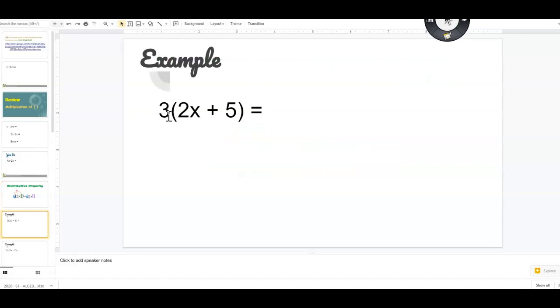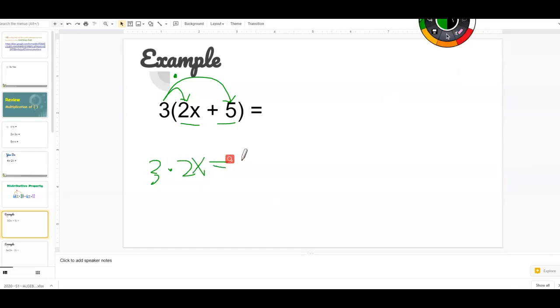Okay. So here you have 3 times the parentheses. And inside of the parentheses, you have 2 terms. So you're going to use 3 times each of them, one at a time. Be careful, the relationship is times here. Okay? So first part, 3 times 2x. Let's put our work here. 3 times 2x.